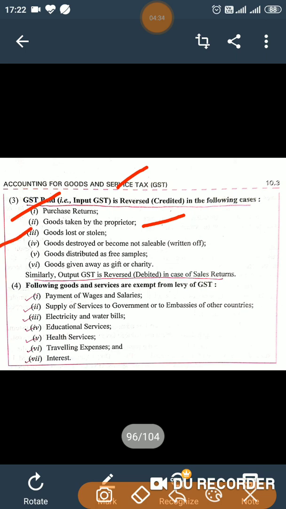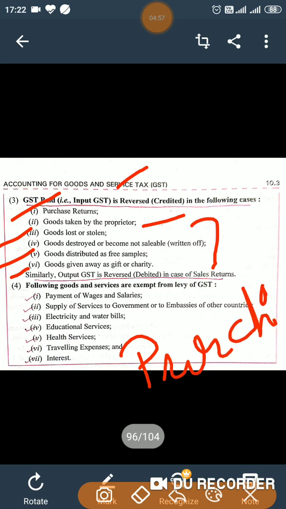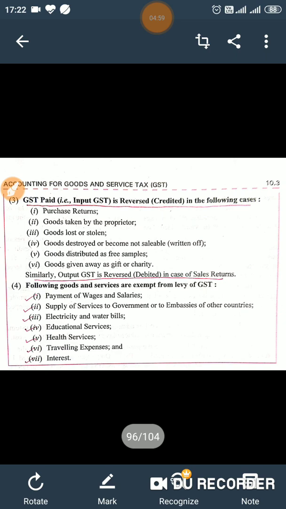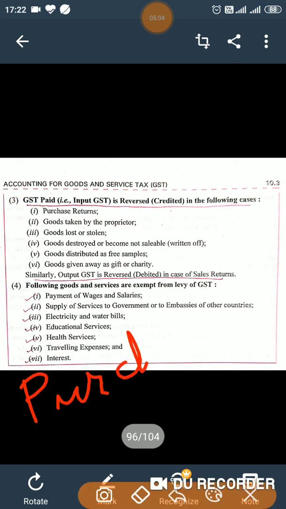Goods lost or stolen, goods destroyed or become not saleable or written off, goods distributed as free samples, goods given away as charity. In all these cases, you will credit the purchase account. You know it, we have already discussed the purchase account.